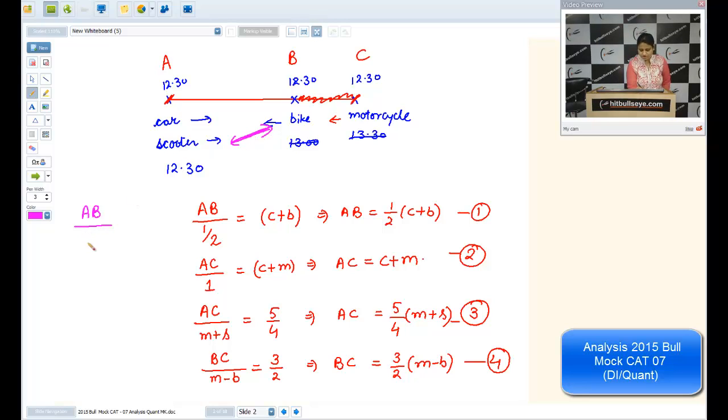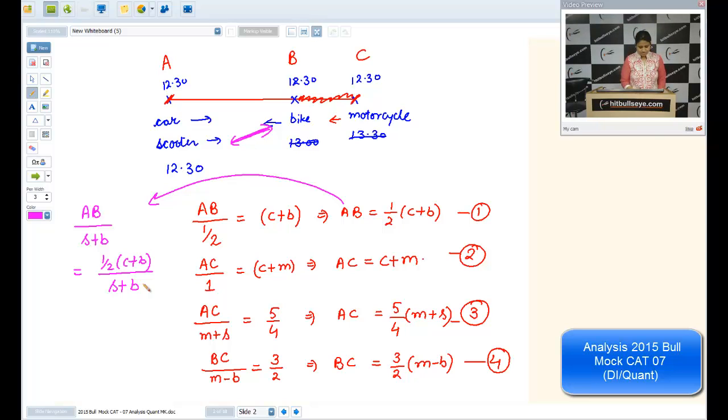Bike and scooter are both moving in the opposite direction, that's why we will take S plus B. What is AB? AB is half of C plus B divided by S plus B. Now, by converting all the variables into one variable, we can put the values and get the answer.